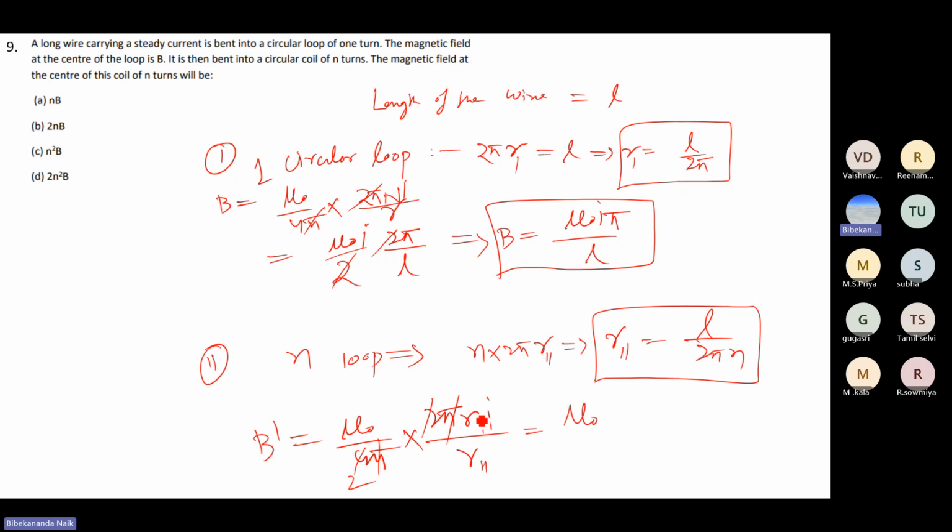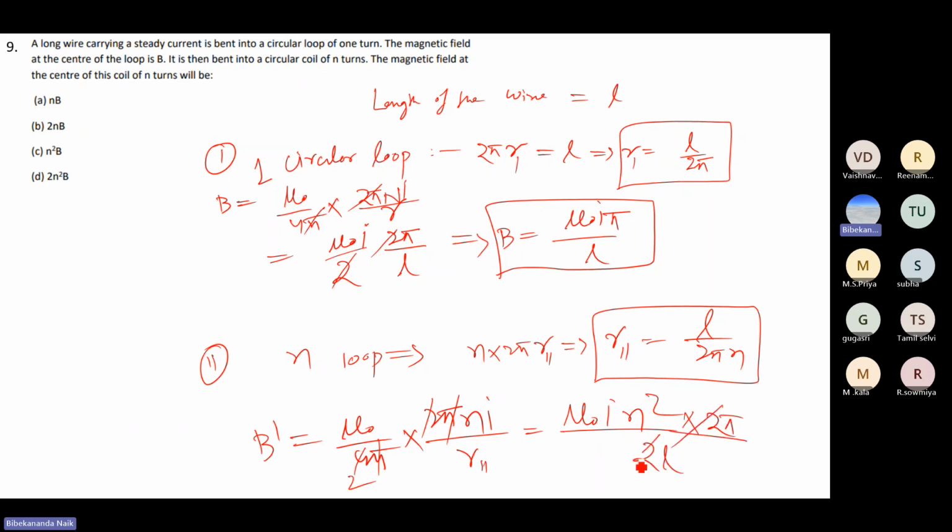There is one n here and another n here, so it will be mu 0 I n square divided by 2l.